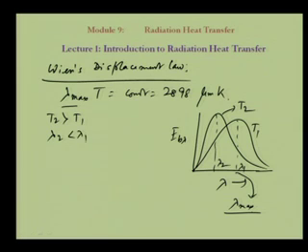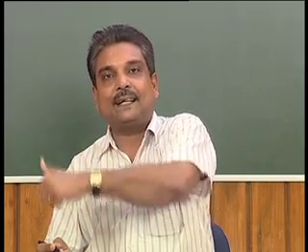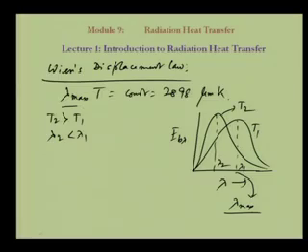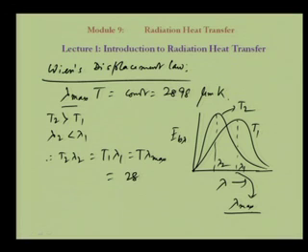That means at higher temperature the maximum is obtained at a lower lambda, and at lower temperature the maximum is obtained at a higher lambda. Therefore, T2 into lambda 2 equals T1 into lambda 1 equals T into lambda max, which is equal to 2898 micrometer Kelvin, a constant.